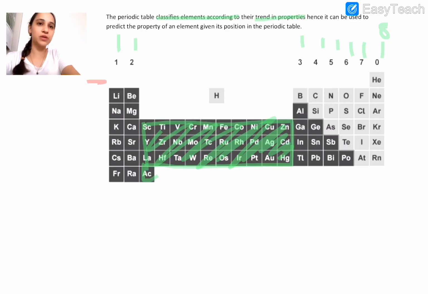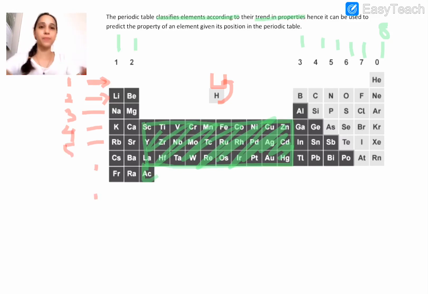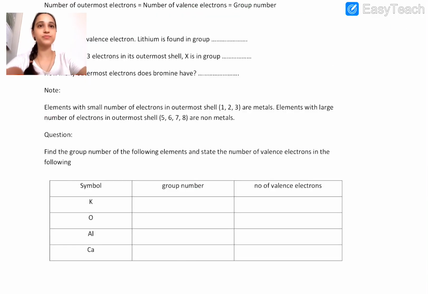So that would be period 1, where there is helium. Actually, hydrogen should be in period 1, should be a little bit on top here. So period 1, period 2, period 3, period 4, 5, etc. Okay, so horizontal, period; vertical, groups. Okay, let's see what they mean now.